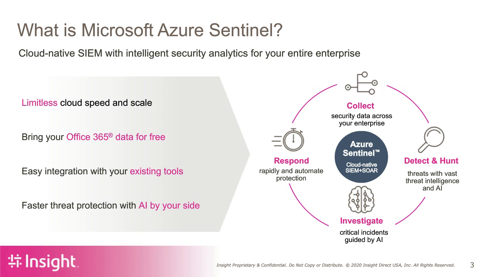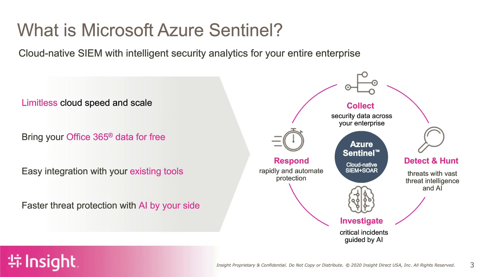And finally, faster threat protection with AI by your side, right? So Microsoft is using the power of Azure, the investments that they've made in artificial intelligence and machine learning, the incredible trove of data that they have at their disposal, operating multiple cloud scale services, to bring to bear on your data, to be able to look at the signals that are coming across in your environment and make really smart decisions about what is important, what needs to be remediated, what needs to be investigated, and what is potential noise.